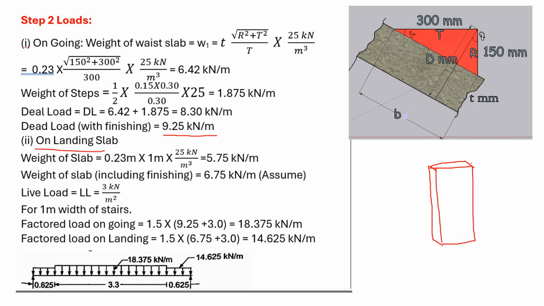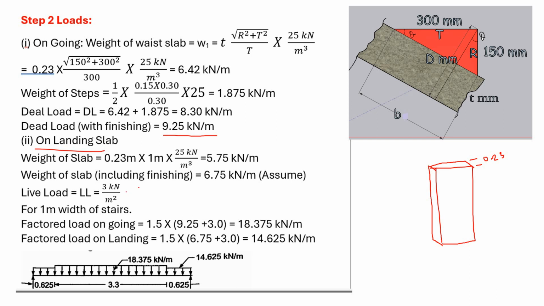Now the thickness of the slab is obtained to be 0.23 meter. Now for 1 meter width we are going to calculate. Hence it is nothing but 0.23 into 1 into 25 kilonewton per meter cube. So you get 5.75 kilonewton per meter. Now if you add 1 kilonewton per meter for finishing, you will get 6.75 kilonewton per meter.